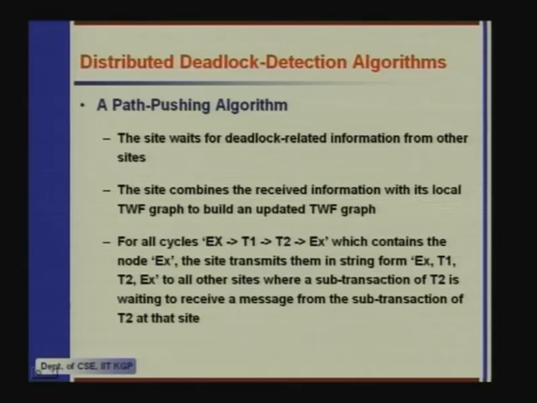Why? Because these transaction wait-for dependencies are changing dynamically. So, when you actually find the cycle, that cycle may not be a real one, right. If you have understood the previous problems, then you will see that this has the same problem. Though an informal proof was given for this, later on it was proved that this is not correct.